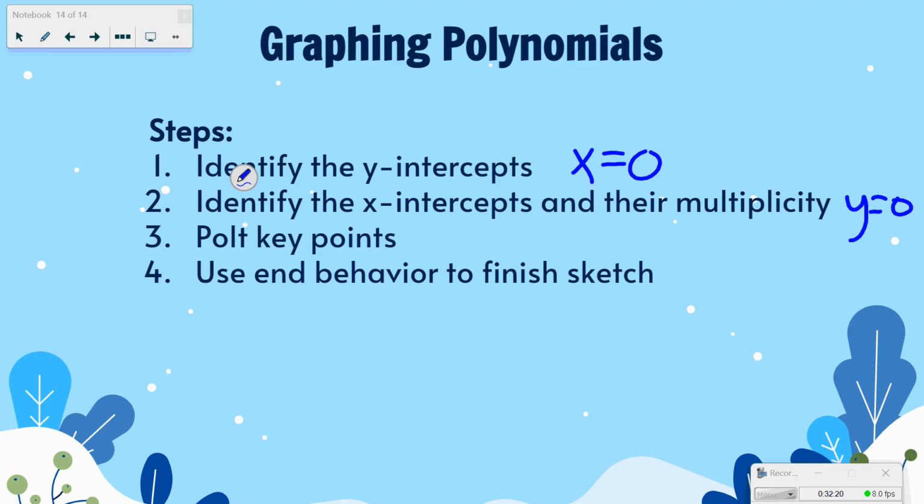So from there, if you want to plot another key point or two, be my guest. And then always use your end behavior to finish your sketch. I want to make this clear to everybody. With graphing polynomials, every other time throughout the year, you had to have very nice specific points. Here, your very nice specific points are your intercepts and your end behavior.